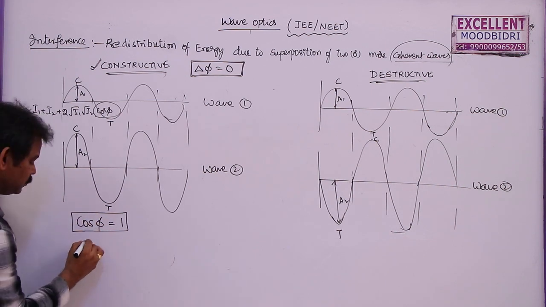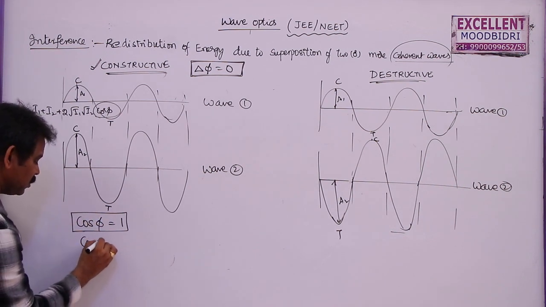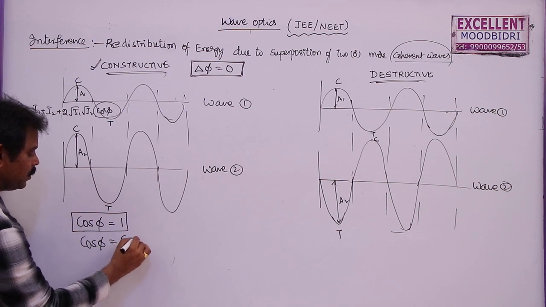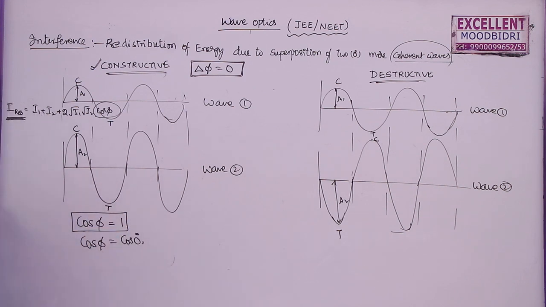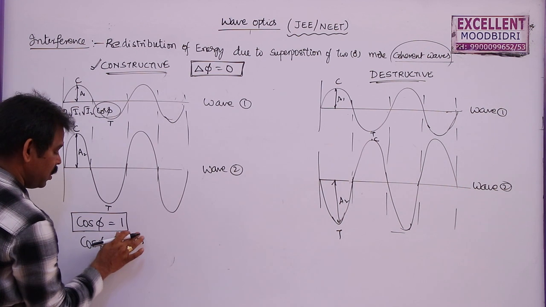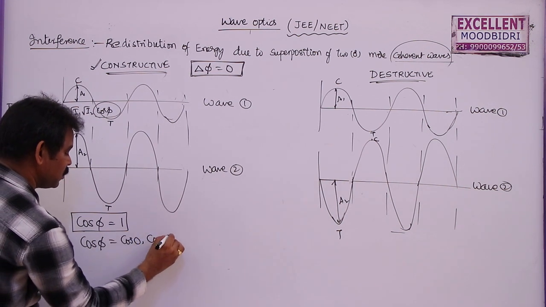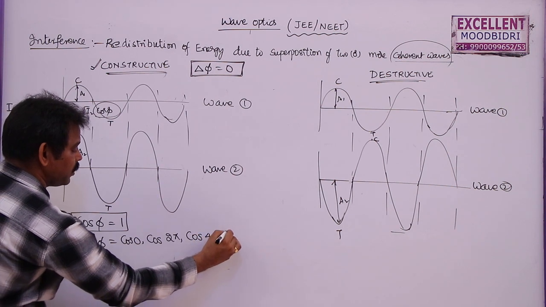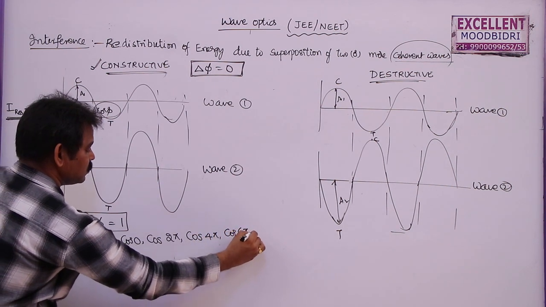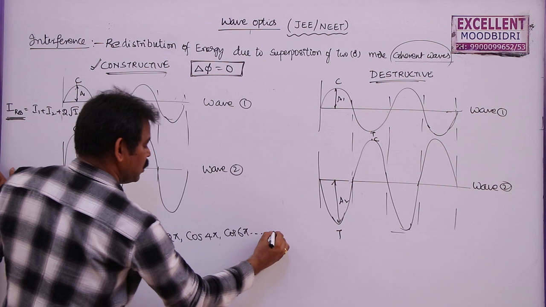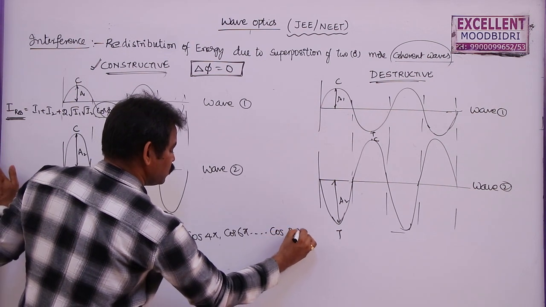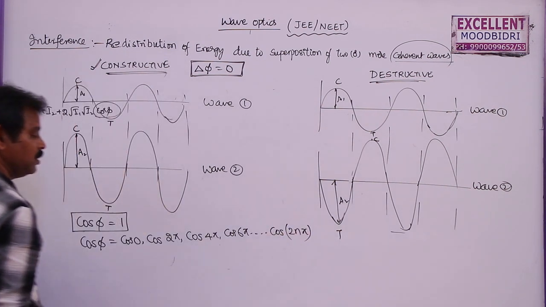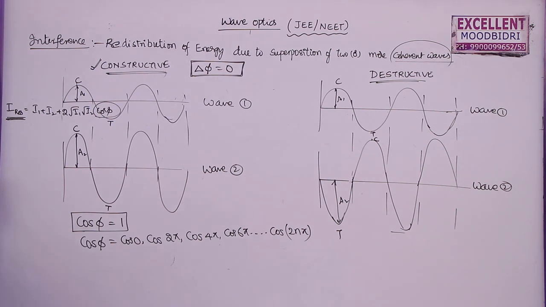So when is it possible? Let me write this: cos phi can be cos 0 degrees, cos 0 is equal to 1, or this can also be written as cos 2 pi radians, cos 4 pi radians, cos 6 pi radians, and so on, cos 2n pi radians, where n is equal to 0, 1, 2, 3, 4, and so on.